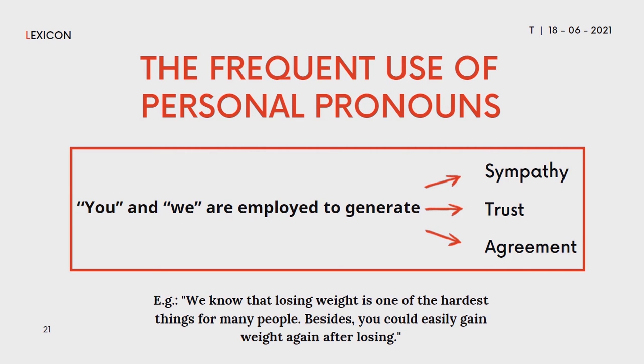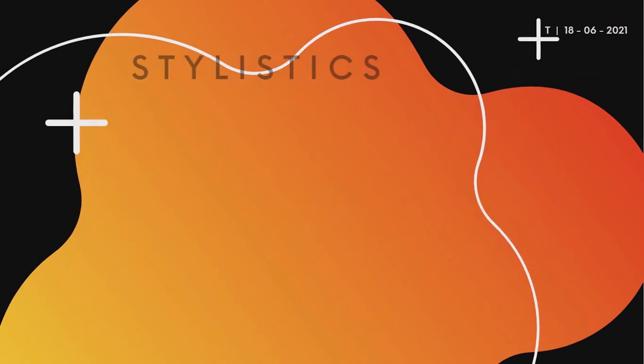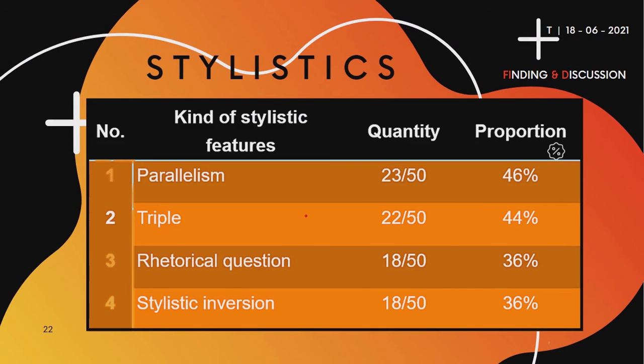The writer used the word we to imply that our company always cares about you. If the writer used he or she instead of you, the sentence is less effective because it doesn't aim directly at the reader.